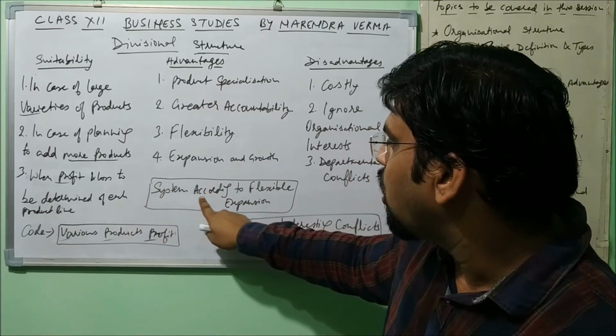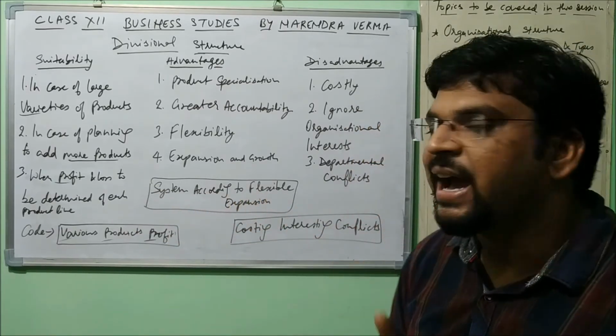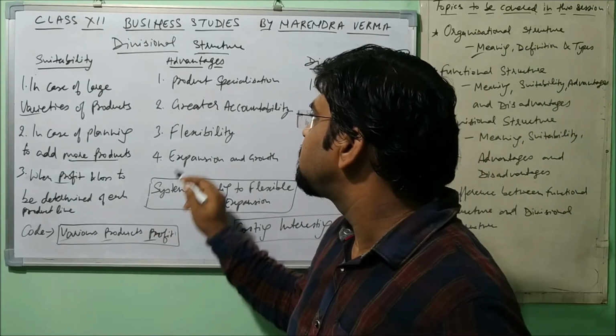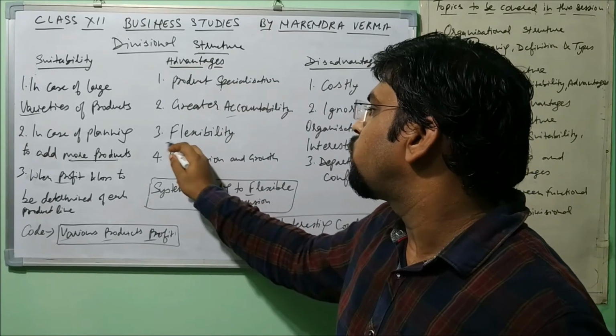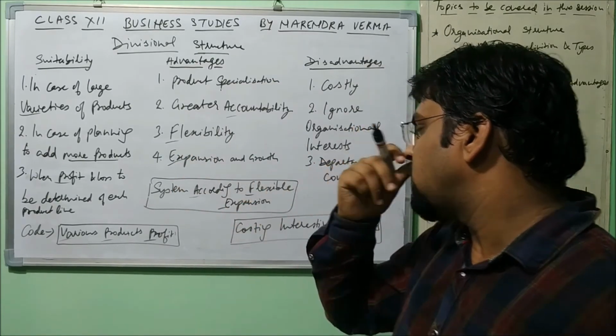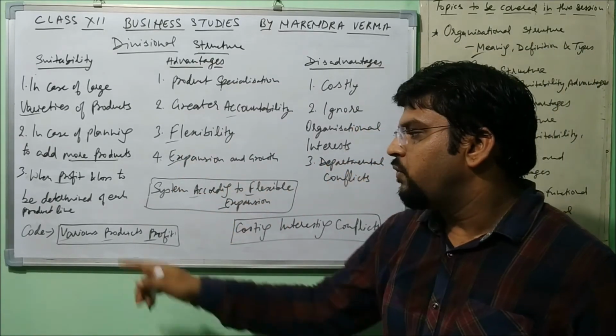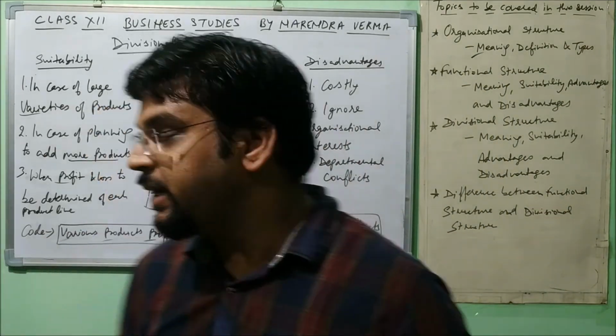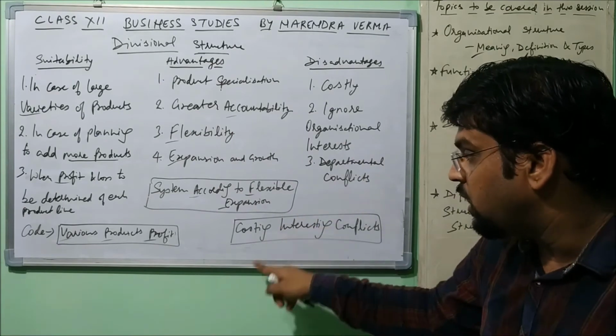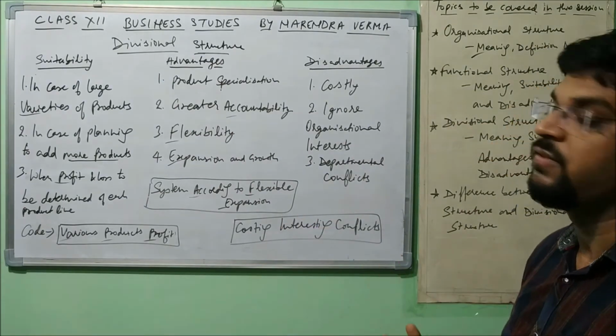And system according to flexible expansion. So S stands for specialization, A stands for accountability, F stands for flexibility, and E stands for expansion. So: system according to flexible expansion. Now, but it is costing interesting conflicts.